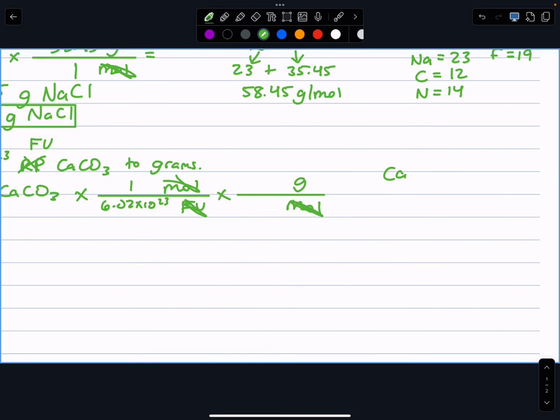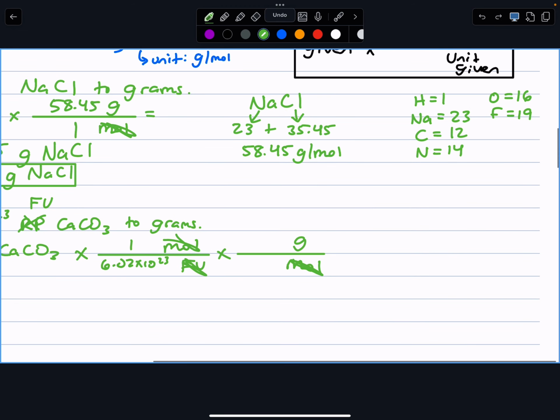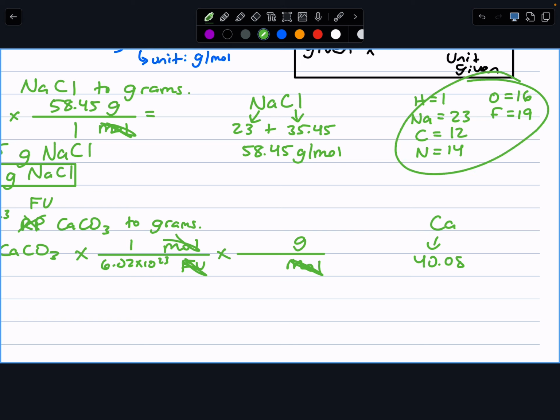What's Ca's molar mass? 40.08, right? No, we don't round those ones. Remember, the only ones we round are the ones I told you to round. Everything else that you see on the periodic table, leave it the exact way it is.